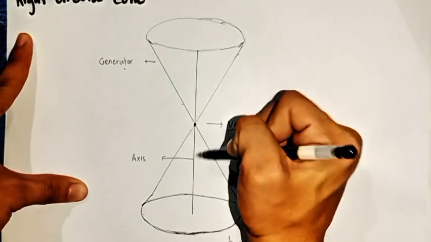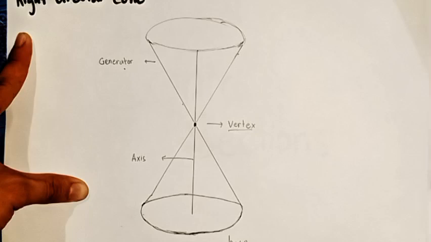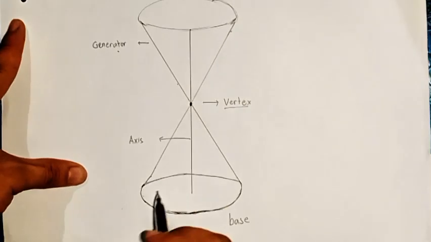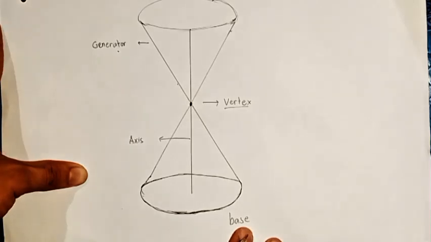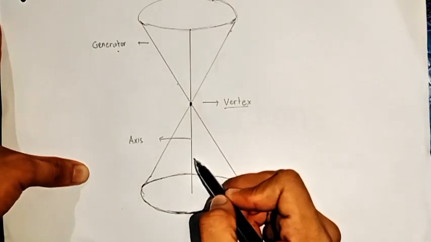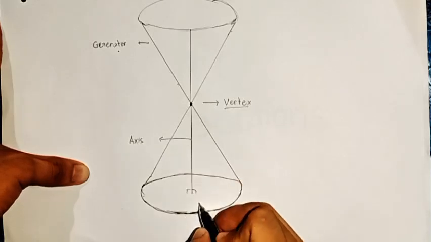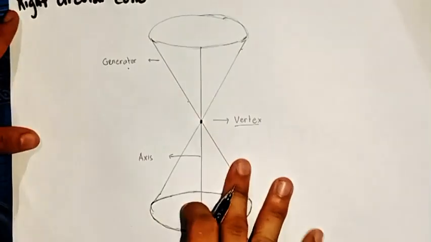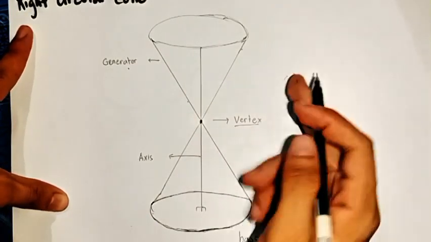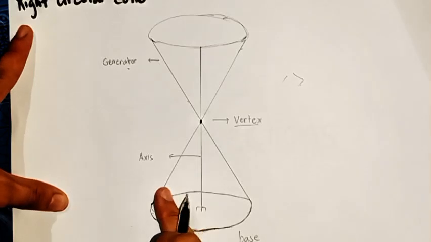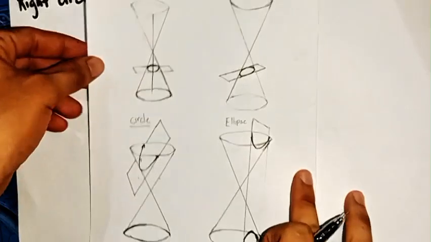The vertical line that remains fixed is called the axis. A right circular cone has a circular base, and its axis is always the perpendicular line from the center of the base to the vertex. This is a right circular cone. Imagine that if a plane intersects the right circular cone, it can create a curve called the conic sections.